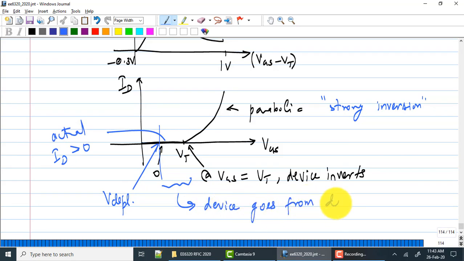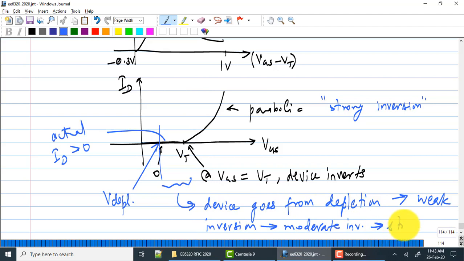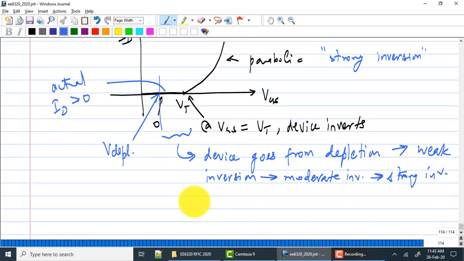Okay, and in that region, the ID versus VGS curve is exponential. Now, note that, let us say you have a nonlinearity.